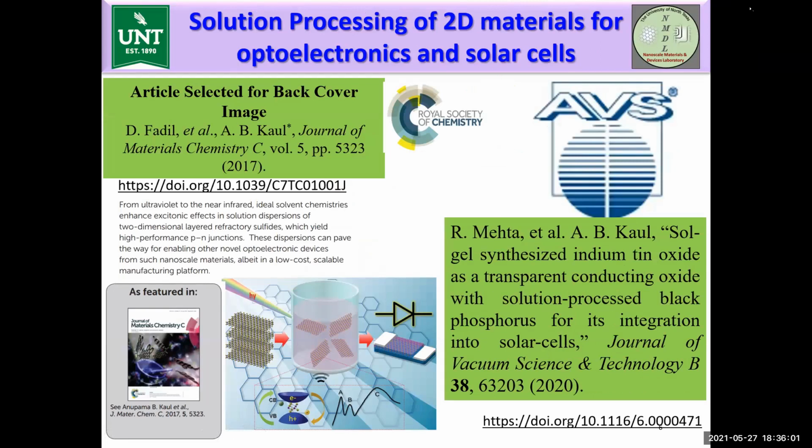One of our articles was selected as a back cover image in Journal of Materials Chemistry. One of my publications was also published in Journal of Vacuum Science and Technology as a part of the AVS conference.